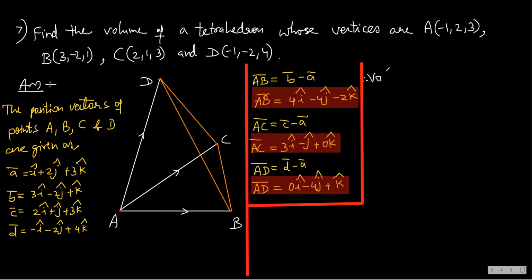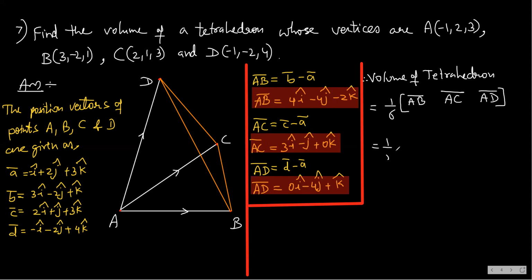I'm sorry, I said parallelepiped, it is tetrahedron. So volume of tetrahedron is equal to 1 upon 6, and the coterminous edges are AB bar, AC bar, and AD bar. Now this 1 upon 6 will remain outside, and for the box product of these three vectors, you will use the determinant.